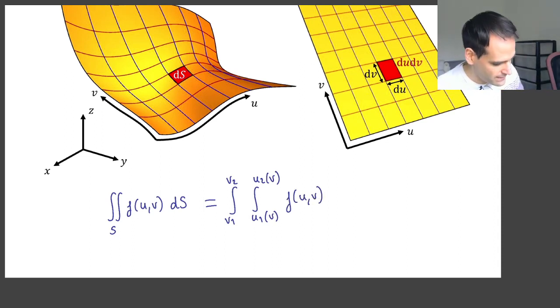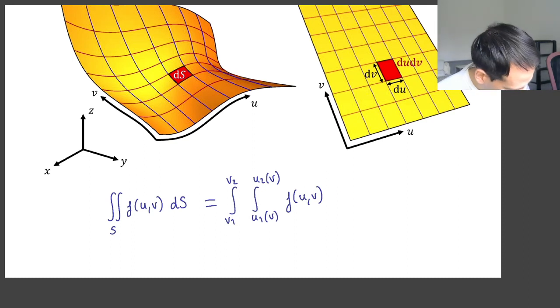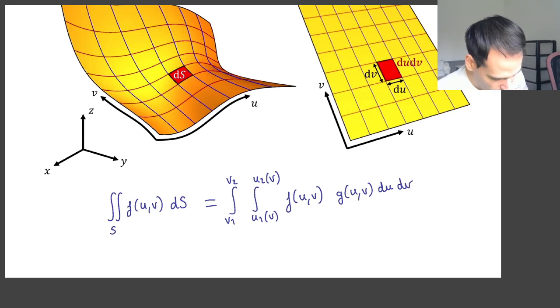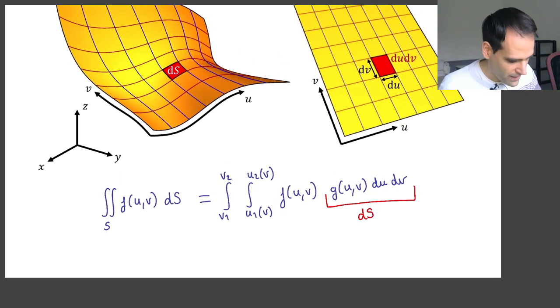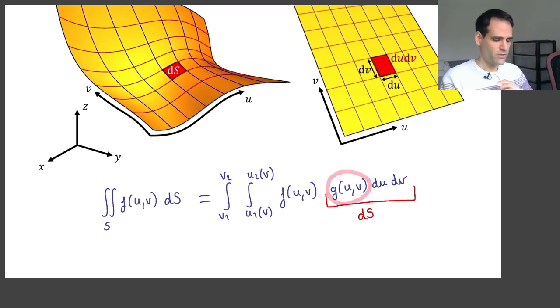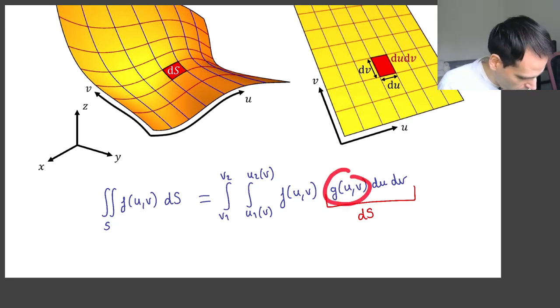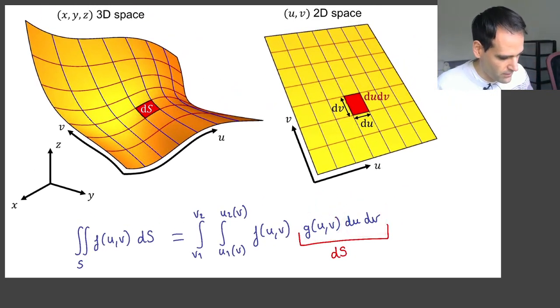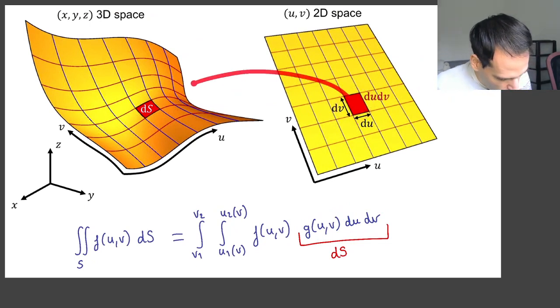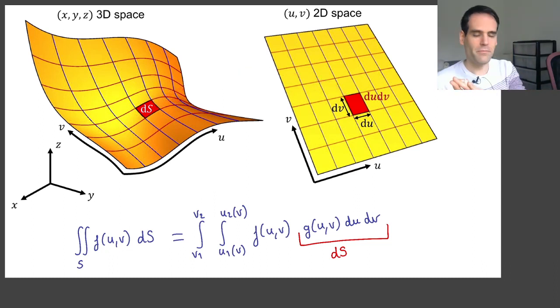And then dS is simply some function g of uv times du times dv, such that all of this is actually dS, okay? So this function g of uv, which I will teach you how to calculate, is telling us how the area in the parameter space, which is du times dv, which is this red area highlighted here, is that area squashed or stretched in real space, okay?